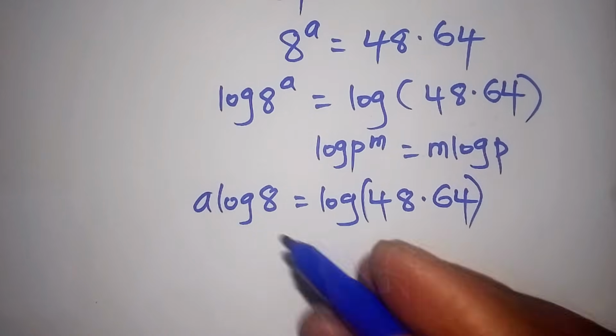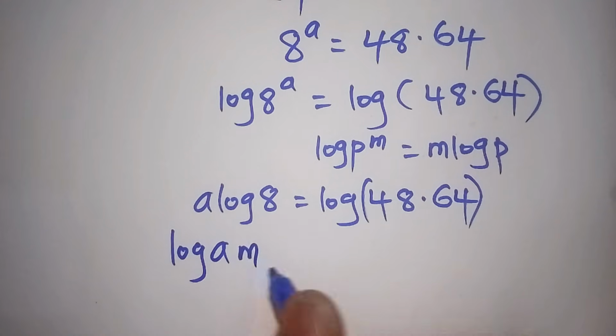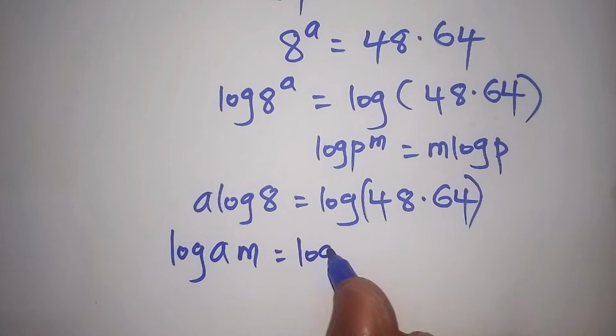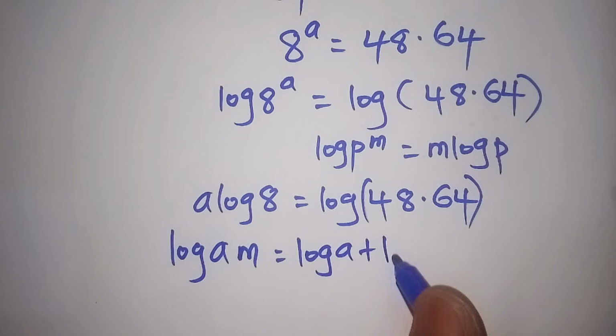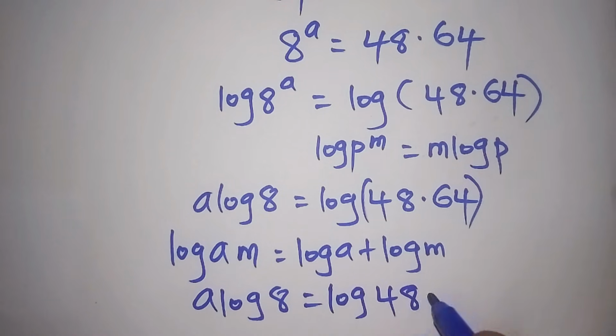When you have the log of a multiplied by m, this can be written as the log of a plus the log of m.